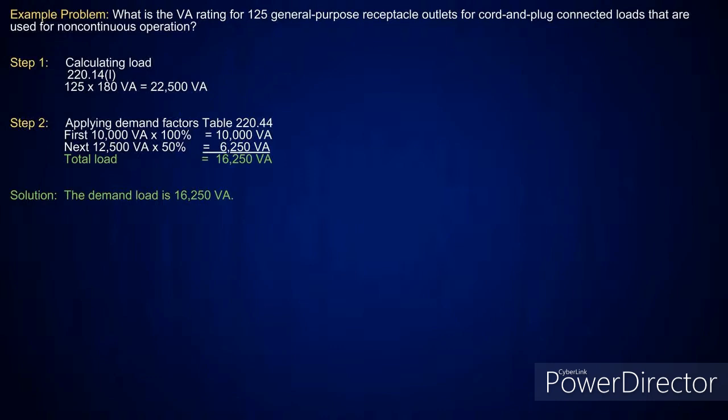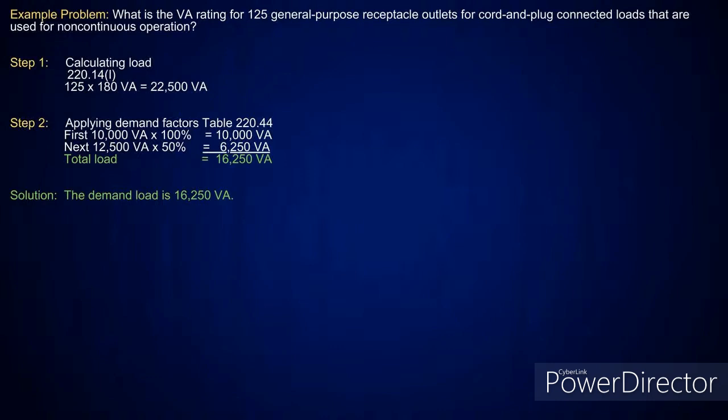Then if you go over and look at table 220.44, I think it's on the bottom right-hand side of page 75, 76, 77, somewhere in there. You go over, and it'll tell you the first 10 kVA or less at 100%. Anything over that, you take at 50%. Doesn't matter how much it is, you can take the rest at 50%.